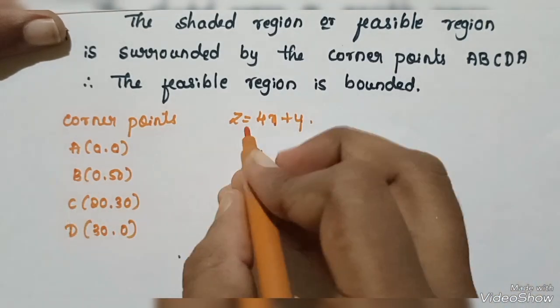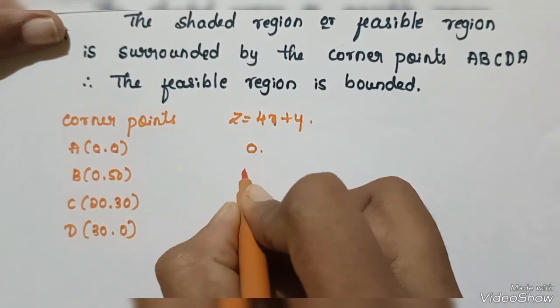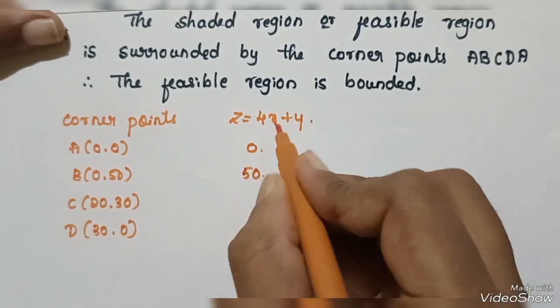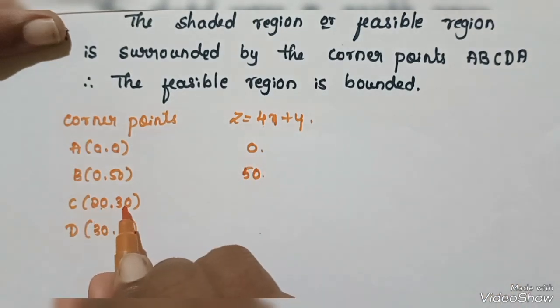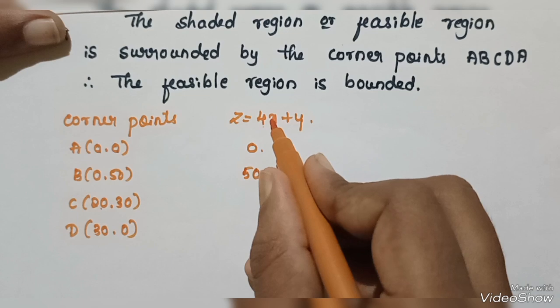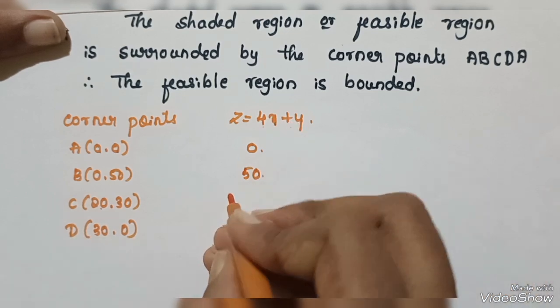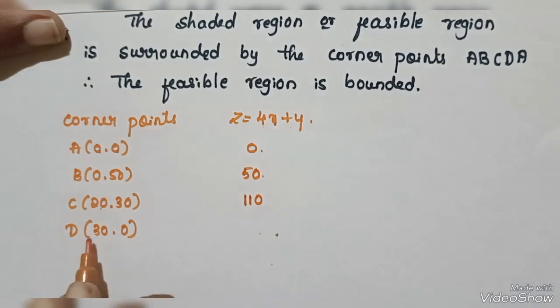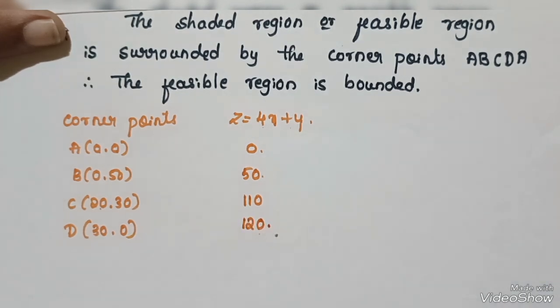For x is 0, y is 50, we get 50. Substituting x is 20 and y is 30: 4 into 20 is 80, 80 plus 30 is 110. And for x is 30, 4 times 3 is 12, that is 120. At point D (30, 0), it is 120.